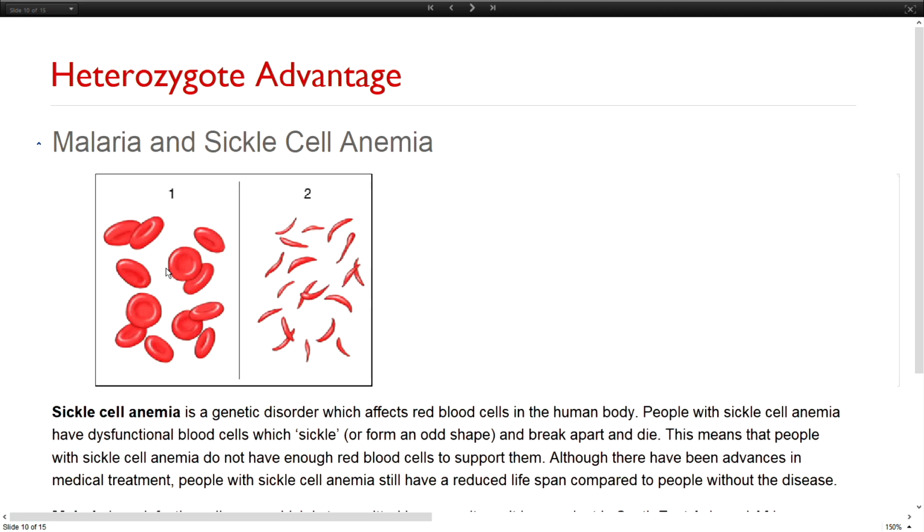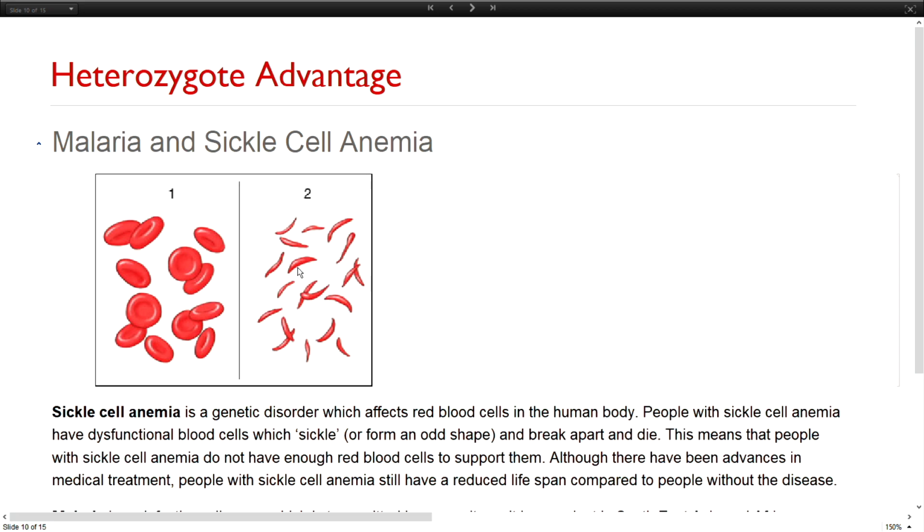What happens with sickle cell anemia is that your red blood cells, which normally look like this, start to form sickle shapes like this, which is really bad. Yet, sickle cell anemia and malaria are present in the same areas.